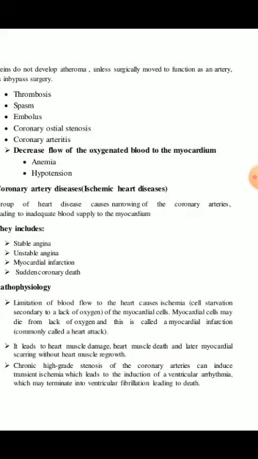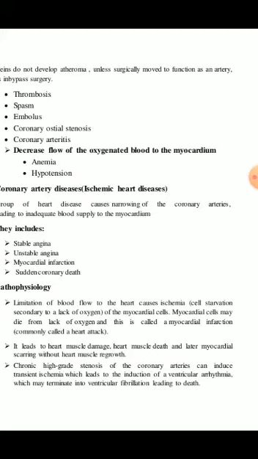So chronic high-grade stenosis of a coronary artery can induce transient ischemia. There are further complications in ischemic heart diseases, such as ventricular arrhythmia, which can terminate into ventricular fibrillation.